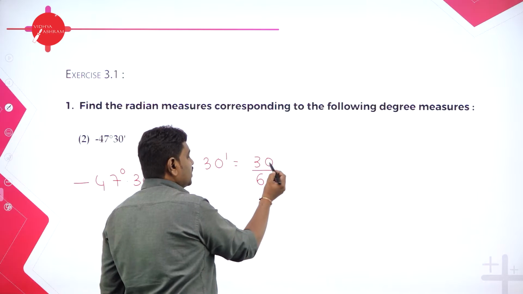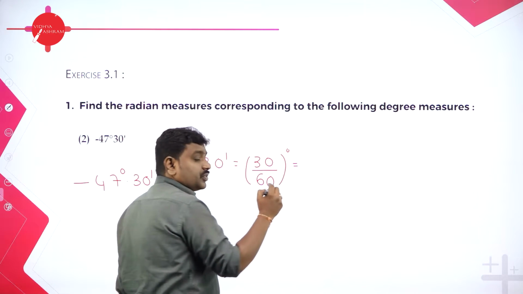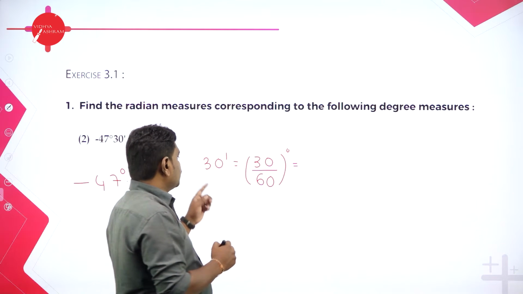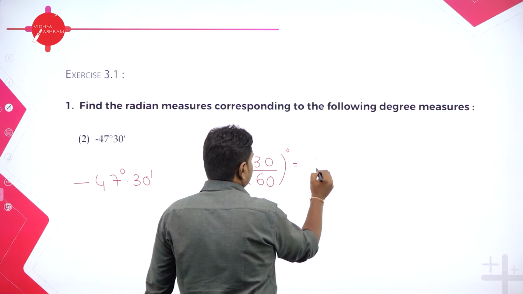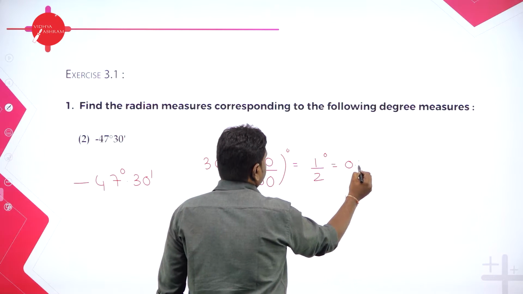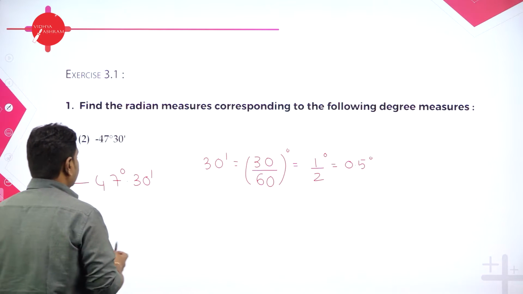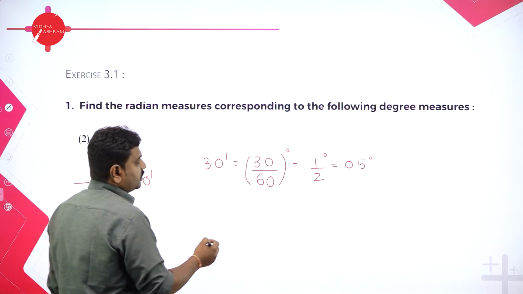This is in minutes, I want to convert in degrees, so divide it by 60, because 1 degree is 60 minutes. So 30 minutes means 30 by 60. That is 1 by 2 degree, or we say 0.5 degree. Because I want radian, let it be 1 by 2 degree.